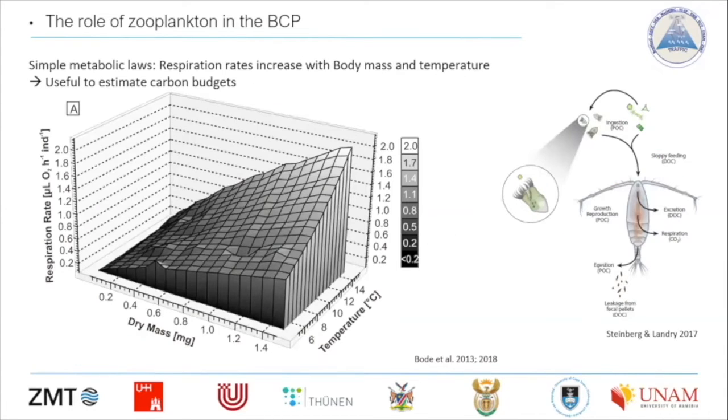And then we can use these respiration measurements as metabolic proxies to estimate carbon budgets of certain zooplankton taxa. So there we can make use of simple metabolic laws, as the respiration rate of zooplankton increases with the increasing body mass, and it also increases with the temperature.